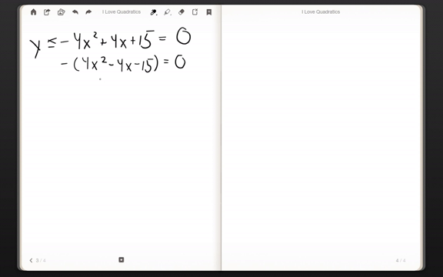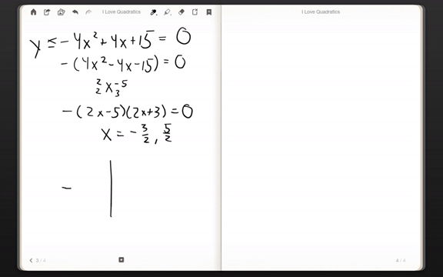I think it's going to be 2 and 2 on that side. Yep. That is 6 plus negative 10, which is negative 4. There we go. So the roots here are going to be negative 3 over 2 and 5 over 2. So the graph will look something like that.